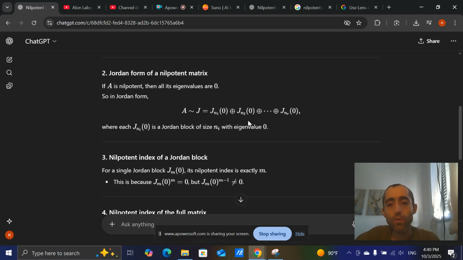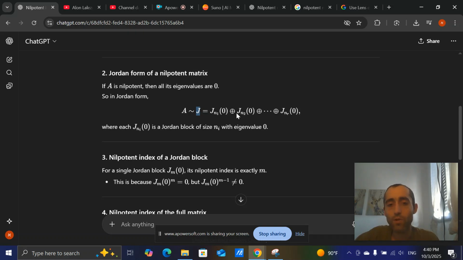So all I need to do, and remember that the nilpotent index is preserved under similarity, is note that the nilpotent index of the similar Jordan form of A is the same as the nilpotent index of A itself. So the nilpotent index of the Jordan form is just the order of the biggest Jordan block in the Jordan canonical form, and that's it.